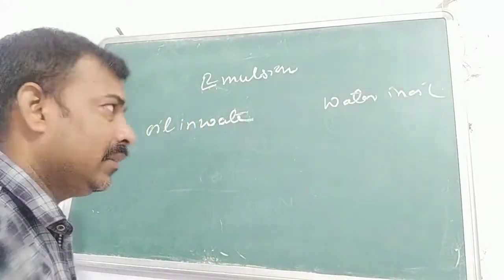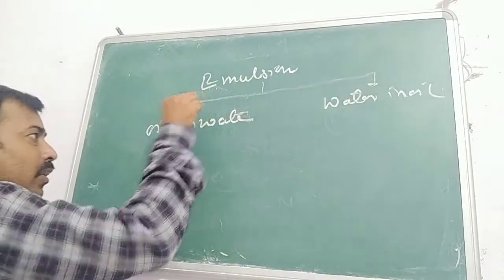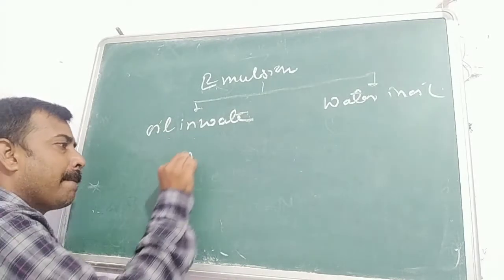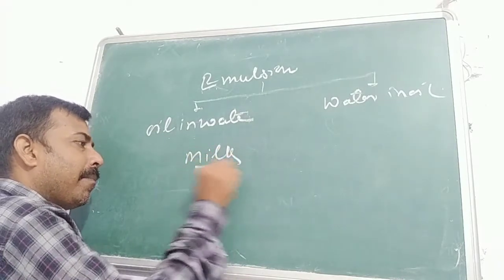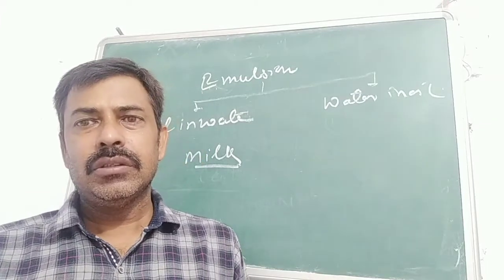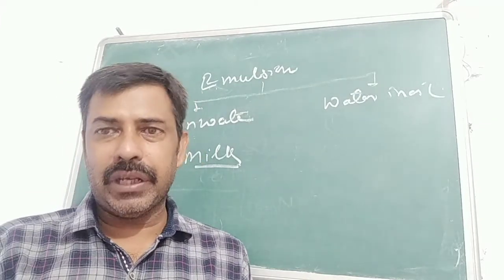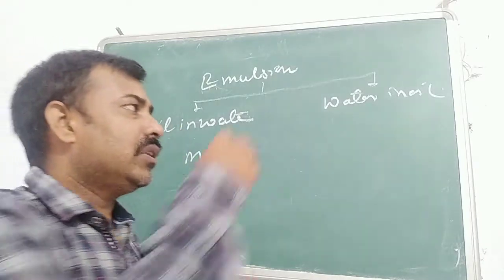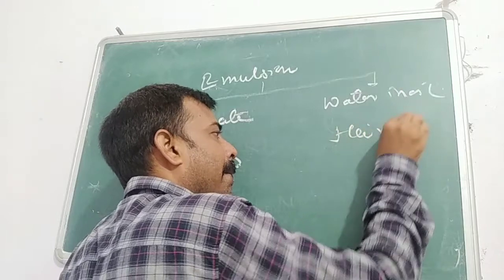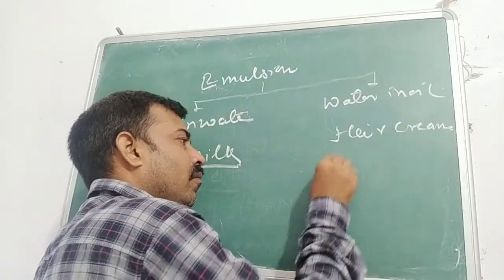For oil in water, the best example is milk, where oil, the desi ghee as we call it, is dispersed in water, making the milk. And for water in oil, examples are hair cream or cold cream.